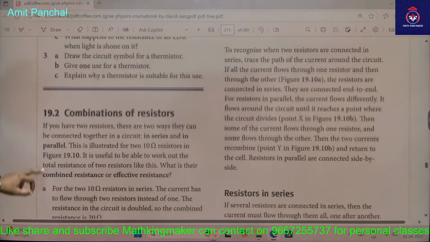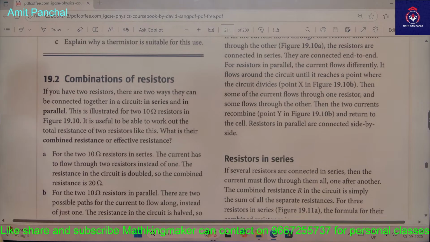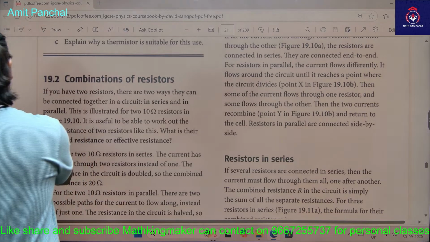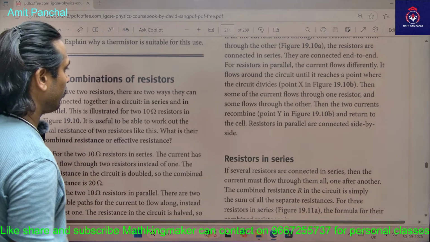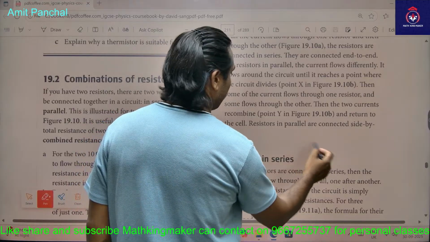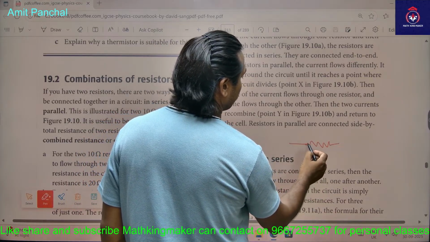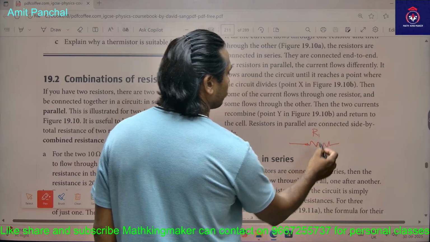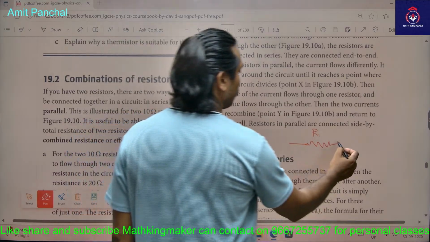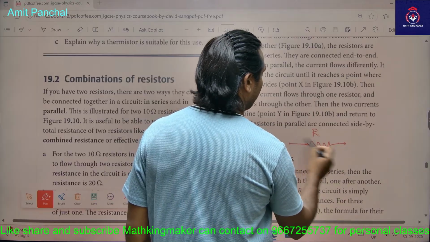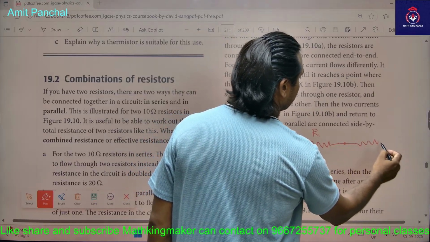Now we'll see combination of resistors. So resistors can be used in two combinations. One is series combination, another one is parallel combination. Okay. Yes. So series means, let us say, this is actually the symbolic representation of resistance. So let us say this is R1 resistance and this is R2 resistance.